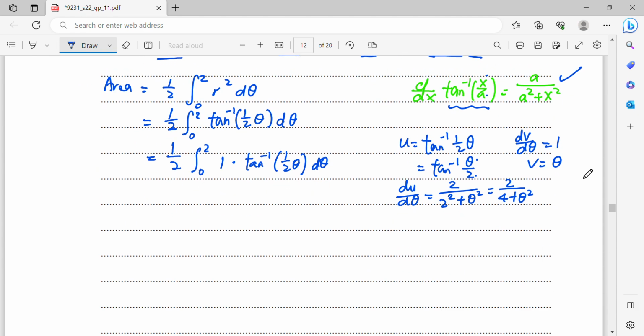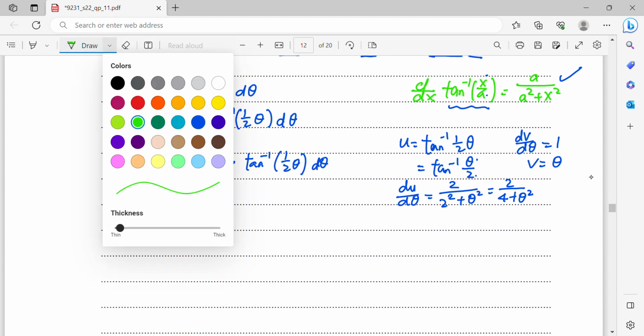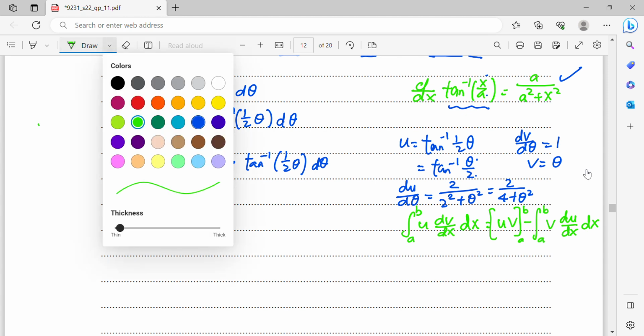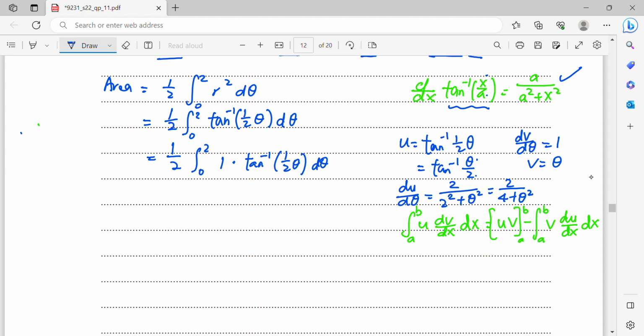Now, to recall the by parts formula, the integral of u dv over dx equals uv minus the integral of v du over dx. Since here it is with limits 0 and 2, I will consider limits a and b. So this will be my new formula. Okay, so now replace the formula.